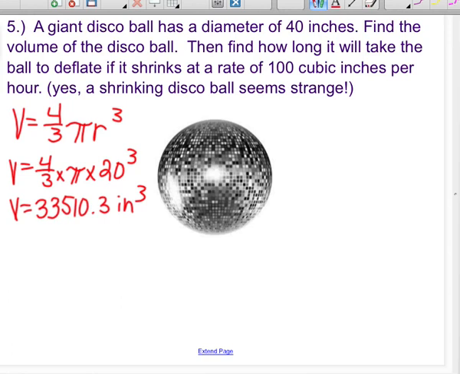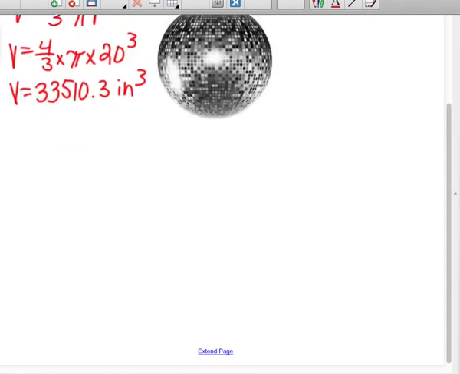Now, the rest of the problem says, how long would it take the ball to deflate if it shrinks at a rate of 100 cubic inches per hour? So basically what you're going to do is take the volume of the disco ball and divide it by the rate at which it's shrinking, which is 100 inches cubed per hour.